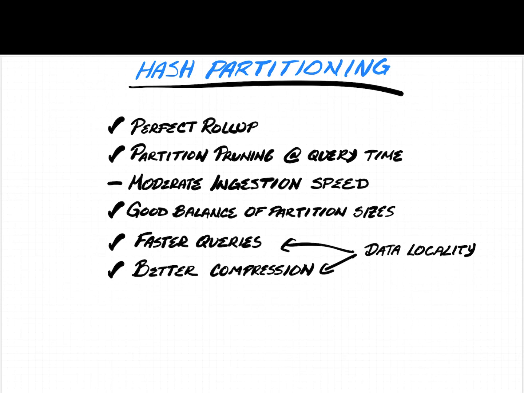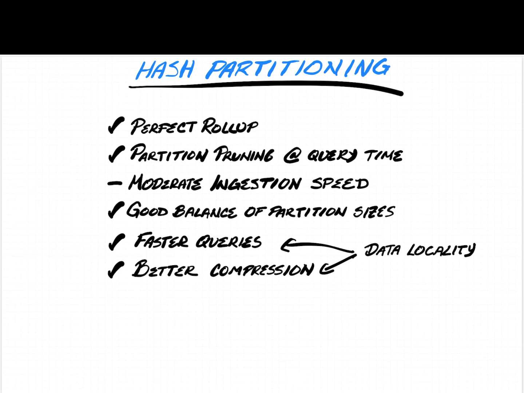It provides a good balance of partition sizes. If you think about it, the hashing mechanism is distributing the data regardless of the order of the partition dimensions. It's distributing it across the secondary partitioning pretty evenly, as long as the distribution of the partitioning dimensions is also pretty even, right?